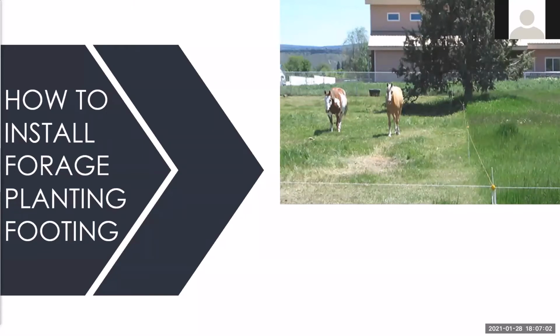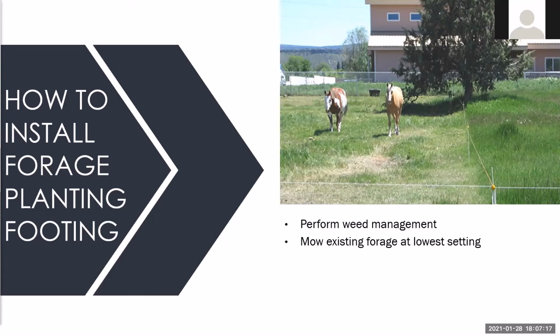When we think about installing a forage planting as a footing, we're always going to need to make a plan for weed management so that what you plant can actually establish there and establish well. We mow down the existing forage at the lowest setting.